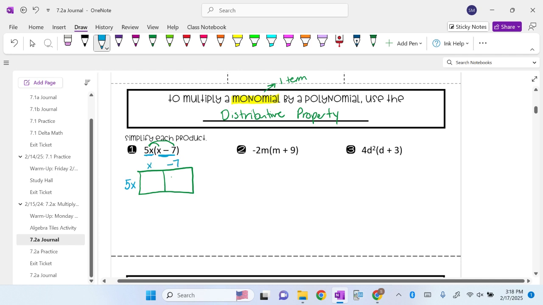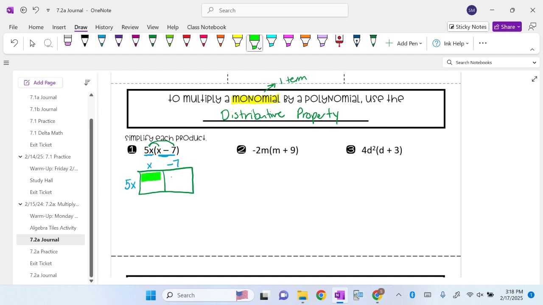Now you want each term of your factor to line up with a box. So if you have two terms in a factor, make sure you have two boxes. If you have one term, make sure there's only one row. So since we have a one term times a two term, we have a 1 by 2 box. Now, we can then multiply where the columns and rows overlap.